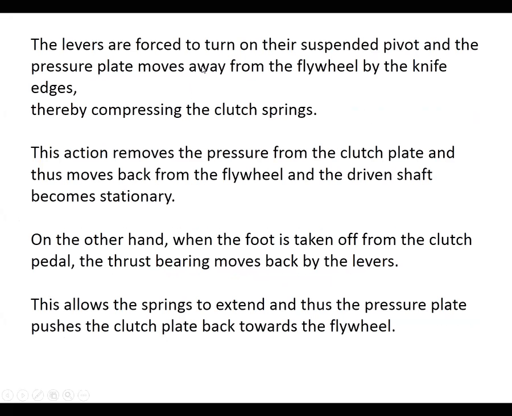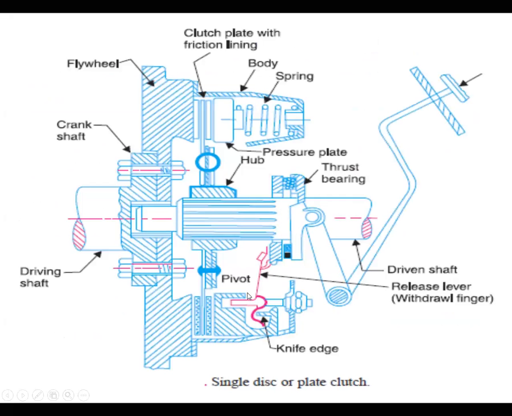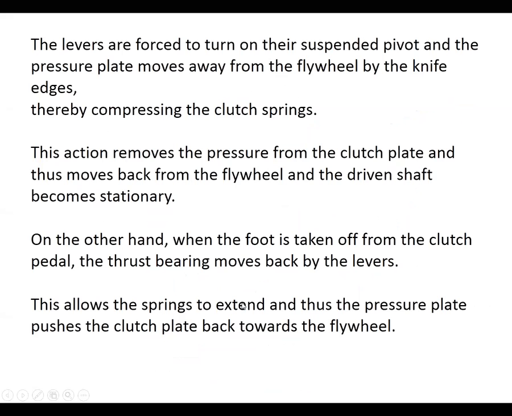The levers are forced to turn on their suspended pivots, and the pressure plate moves away from the flywheel by the knife edge. This knife edge is nothing but a pivoted knife edge, right? This action removes the pressure from the clutch plate and thus moves it back from the flywheel, and the driven shaft becomes stationary.